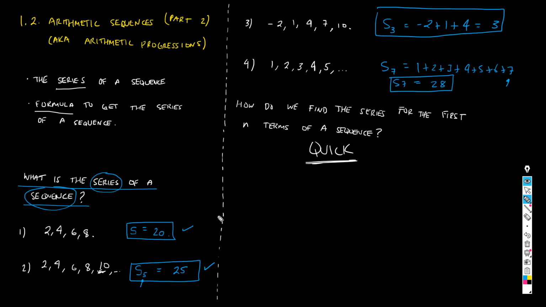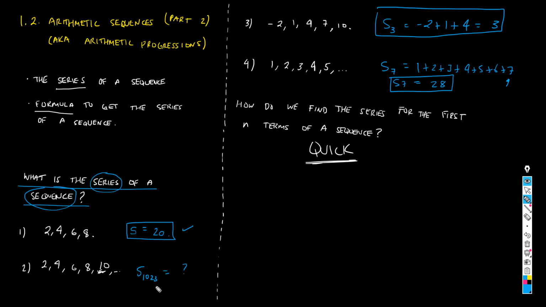Quick way. Because yeah, I mean we can do this by hand and sum number by number, but in most cases that's complicated. You can make mistakes, and when the number of terms that you want to add is very large, this gets very complicated, right? For example, imagine that for this sequence, I ask you not for S5, but what if I ask you for, I don't know, let's say S1023.